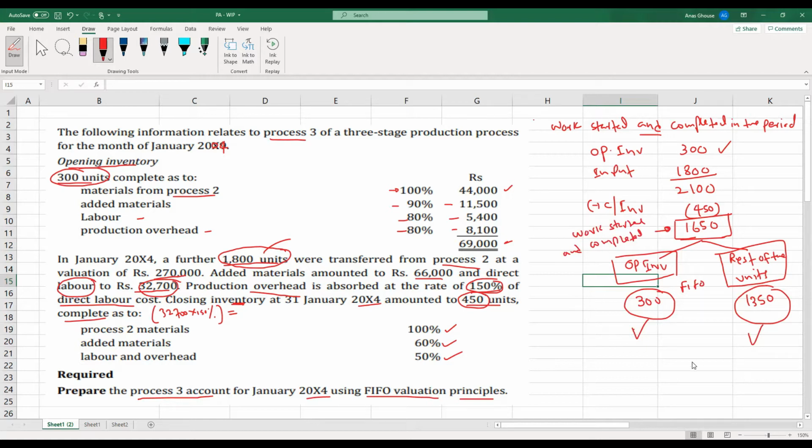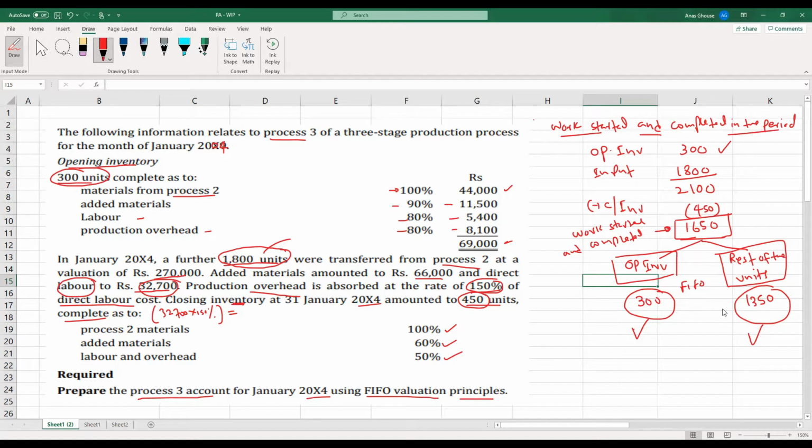This is the basic calculation that you need to prepare in any work in progress calculation if you are asked to calculate based on the FIFO method.